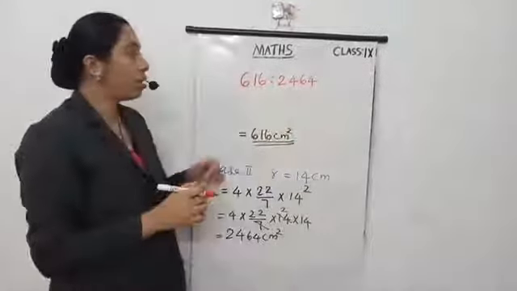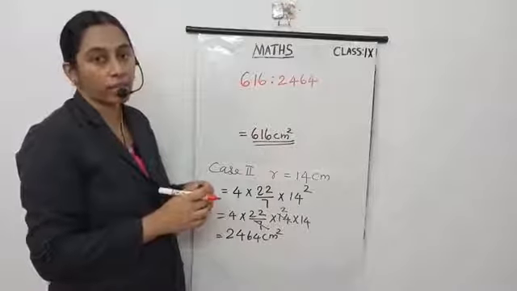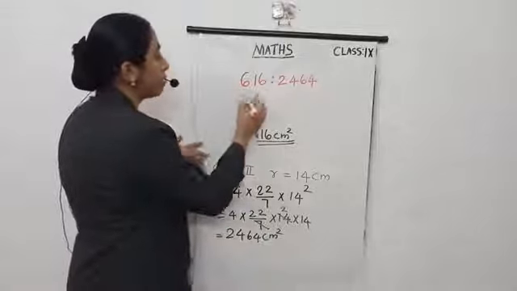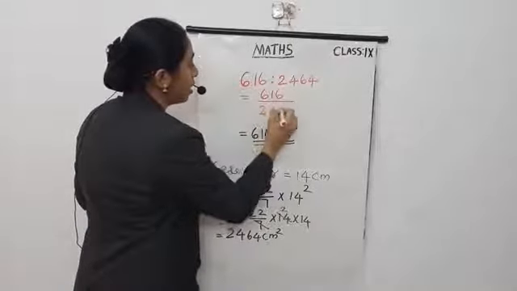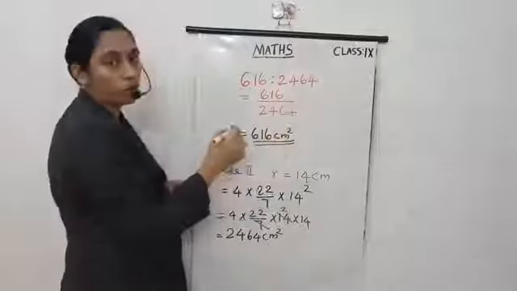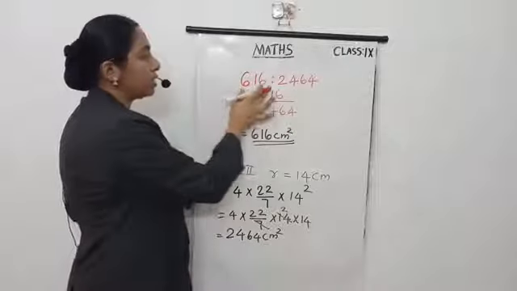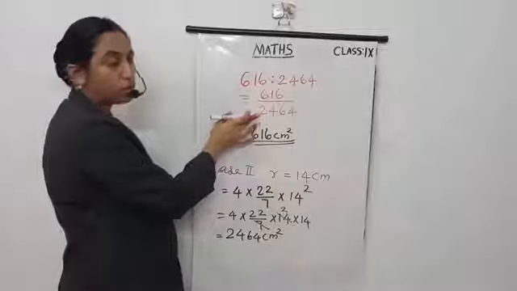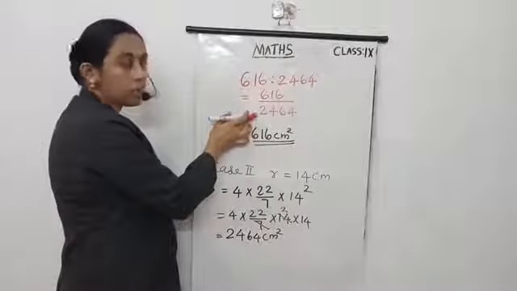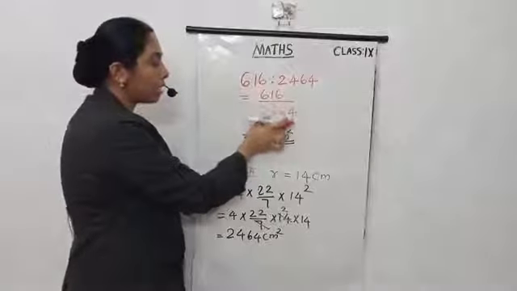Now the ratio of surface areas, case 1 is to case 2, that is 616 is to 2464. A ratio can be written as a fraction. The first one is the numerator and the second number is the denominator. So 616 is to 2464 is equal to 616 by 2464.